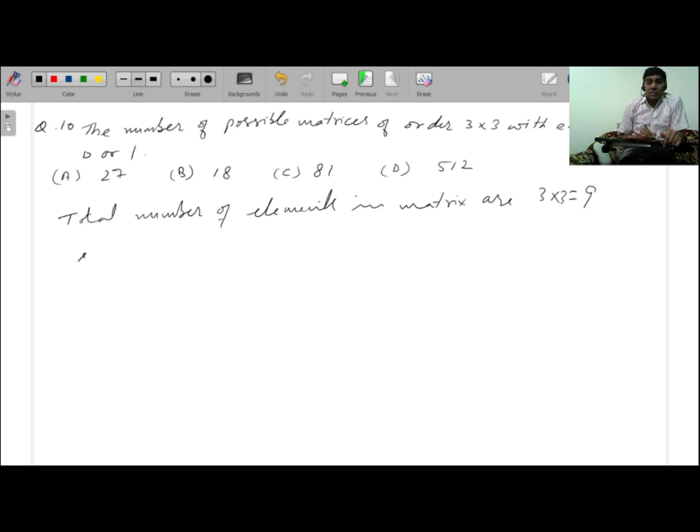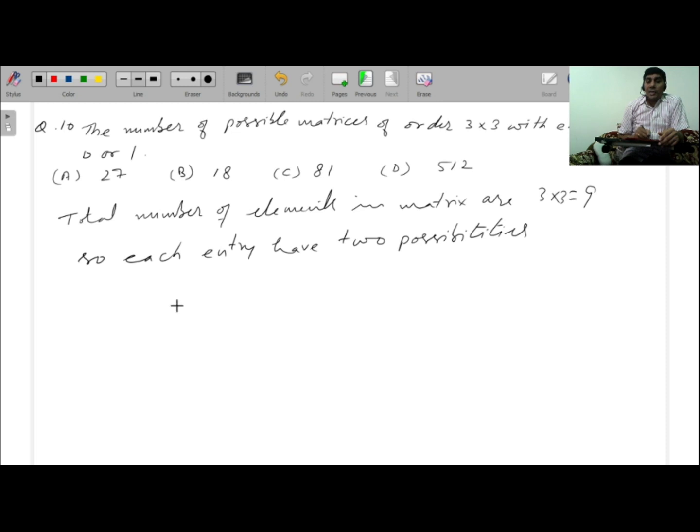So each entry has two possibilities. Either it may be 0 or it may be 1.